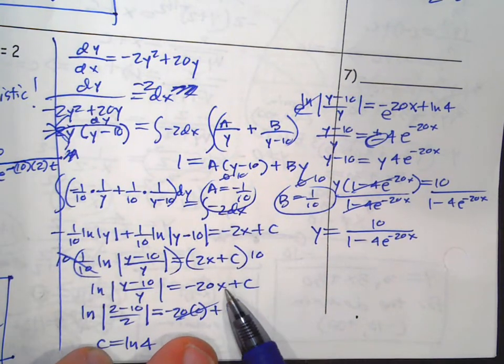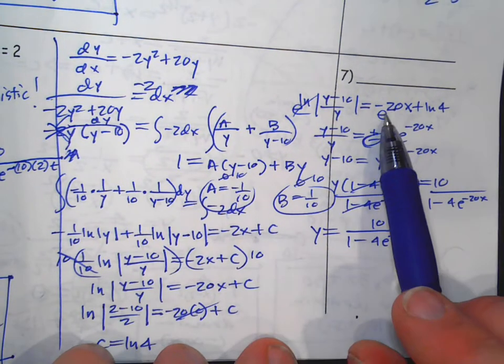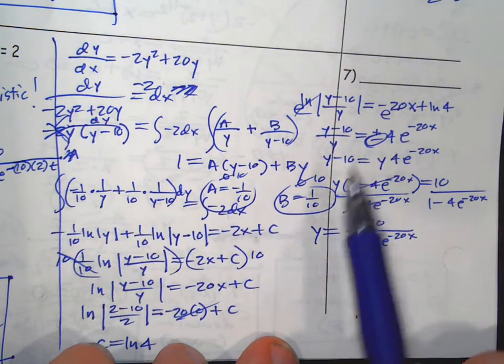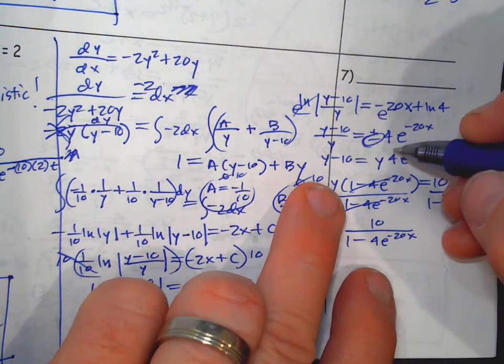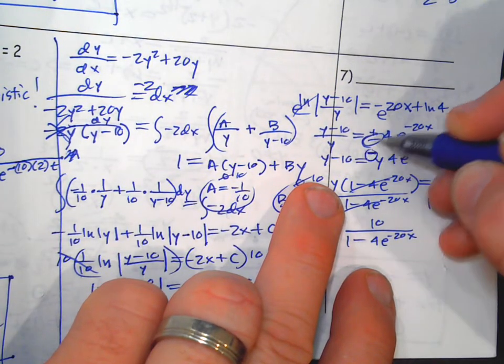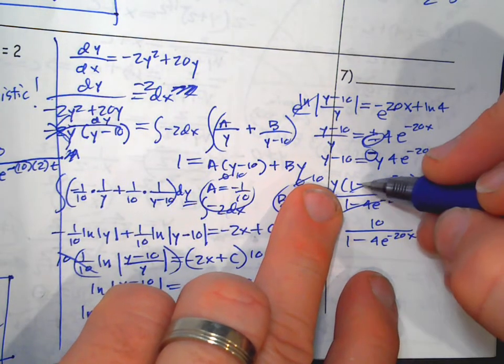Oh, here's my mistake. This is supposed to be negative. I just dropped it. So then when you move to the other side, it's positive.